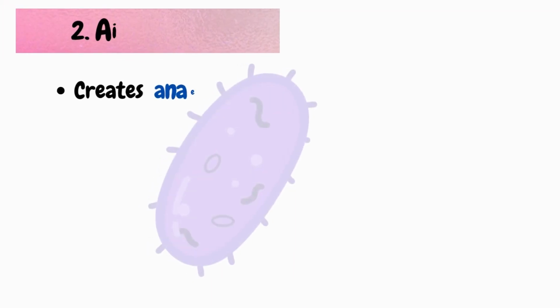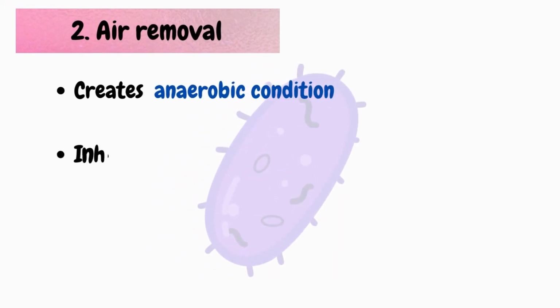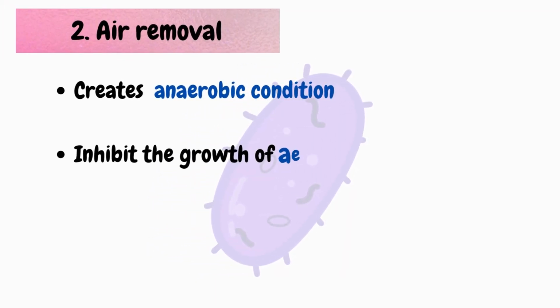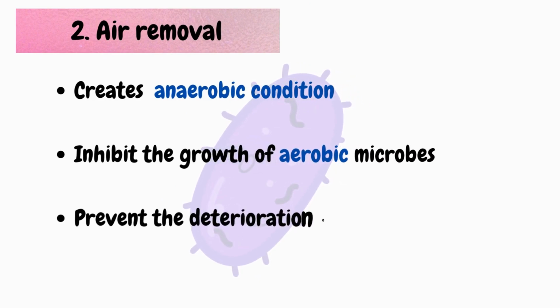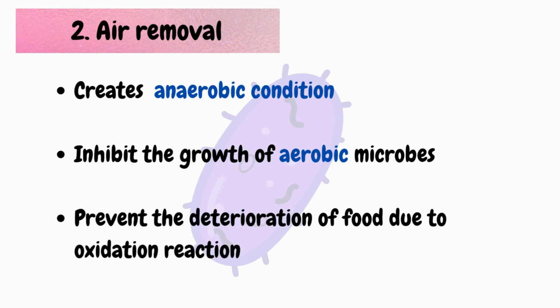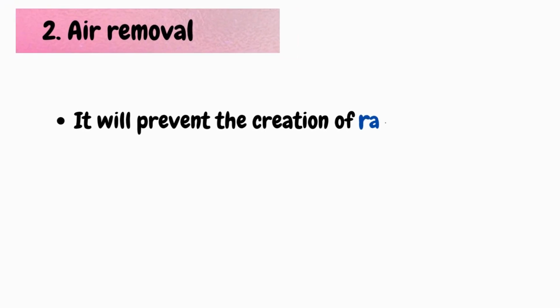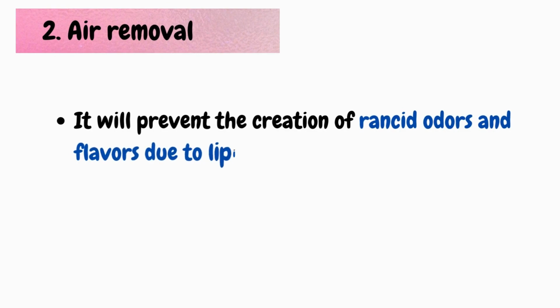Also, the air removal process creates an anaerobic condition. This will inhibit the growth of aerobic microbes. Since it reduces the amount of oxygen in containers, it will prevent deterioration of food due to oxidation reactions. For instance, it will prevent the creation of rancid odors and flavors due to lipid oxidation.